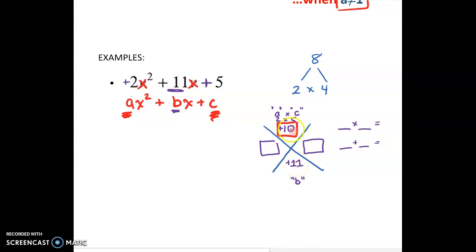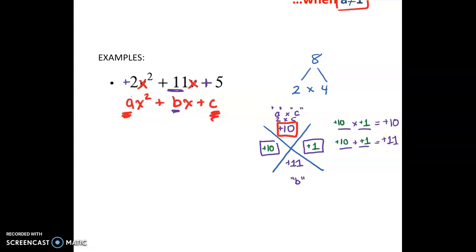The only difference from the last method, which is sum product, is that we have a and c making this value here. So that's a positive 10, being 2 numbers multiplied to positive 10, and 2 numbers that add to 11. And those 2 numbers are going to be a positive 10 and a positive 1, right? So a positive 10 times a positive 1 gives me a positive 10. But a positive 10 plus a positive 1 gives me a positive 11.